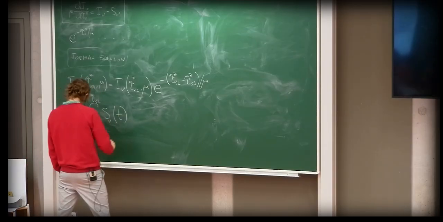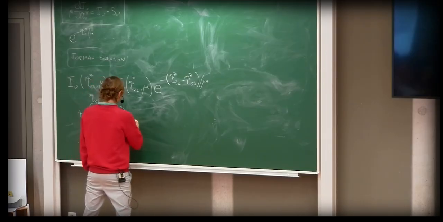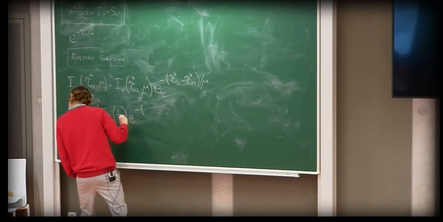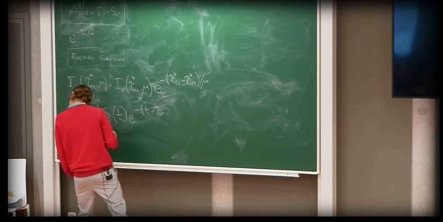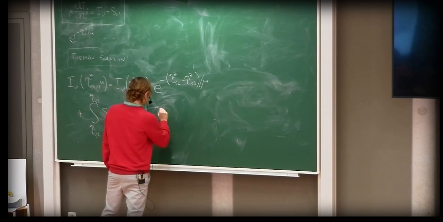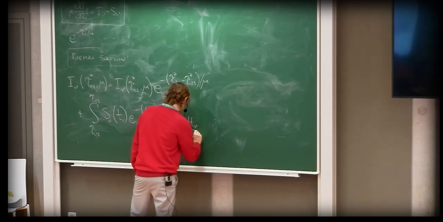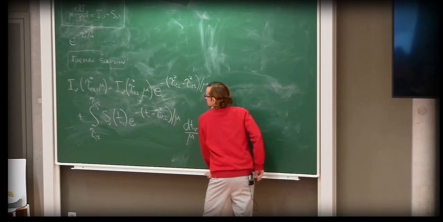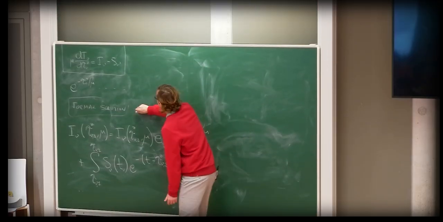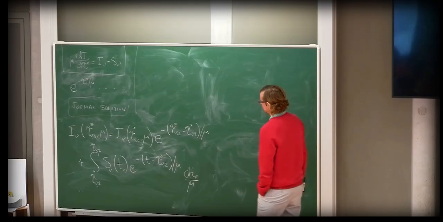I'm going to put it as S nu e to the minus t minus tau nu to c divided by mu, d t nu divided by mu. So this is a very nice expression. It looks cumbersome. Let's see if we can interpret it a little bit.